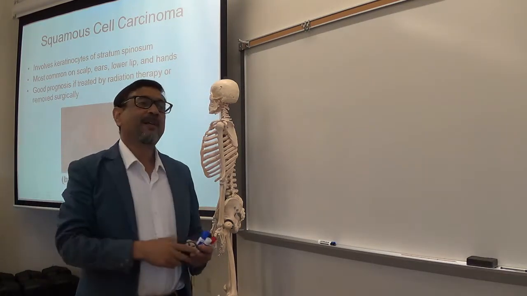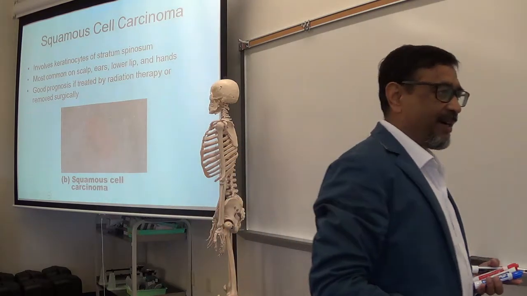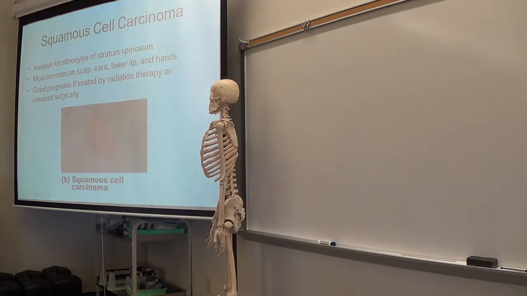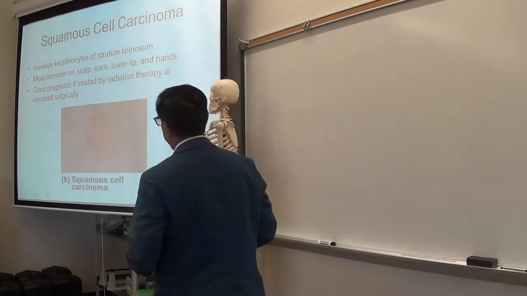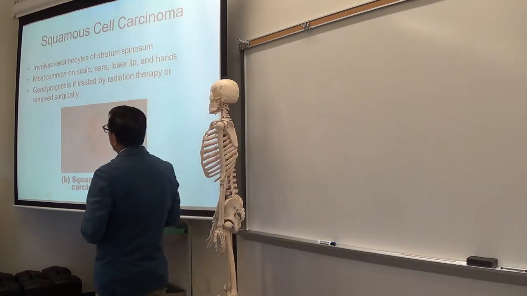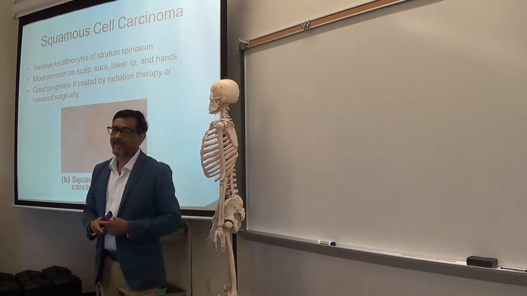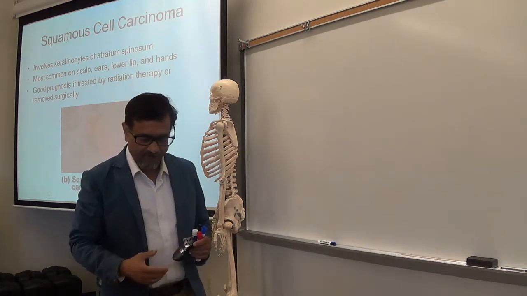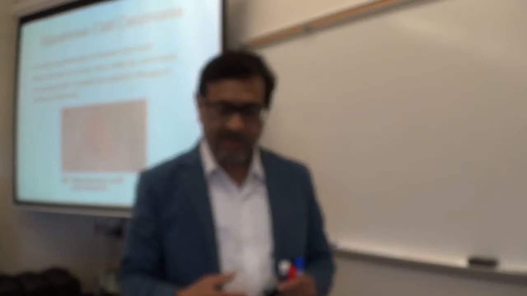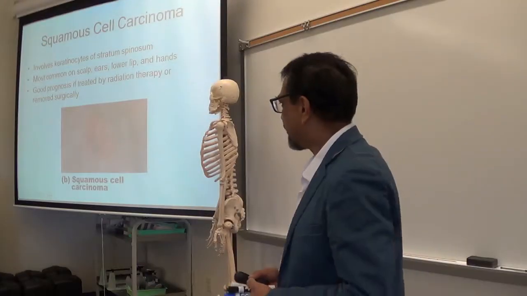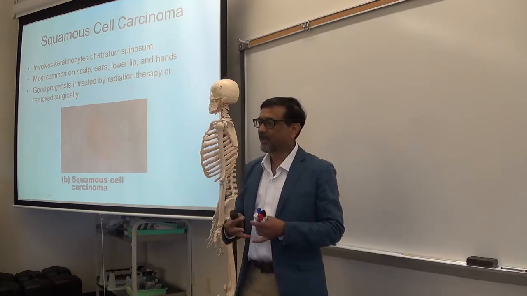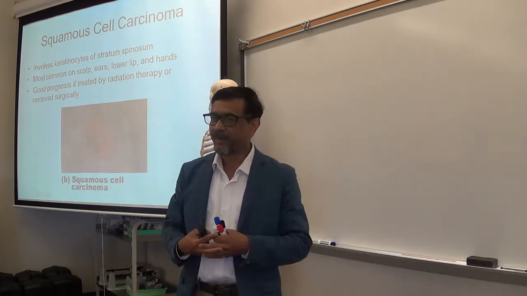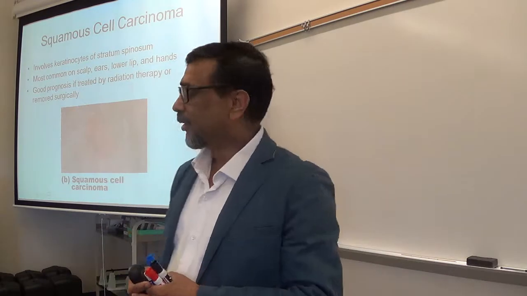So, in this type of cancer, the keratinocytes proliferate abnormally, and in most cases, this type of carcinoma occurs in certain areas of your body: scalp, ears, lower lip, and hands. Those are the common places where this type of cancer is seen.